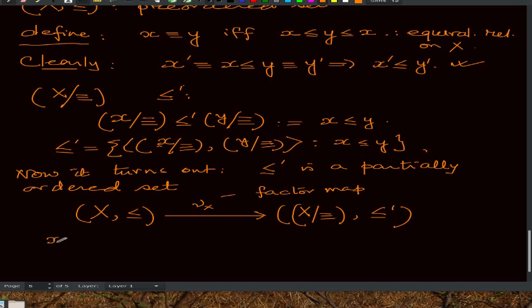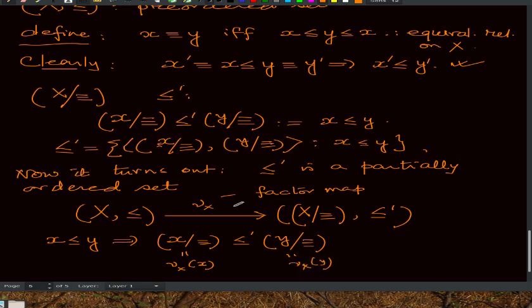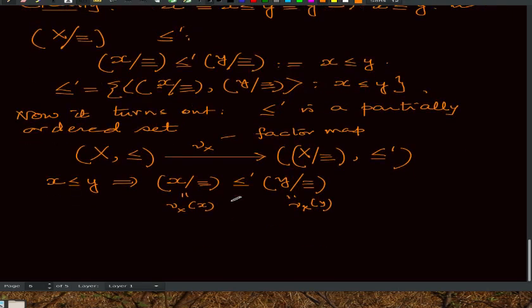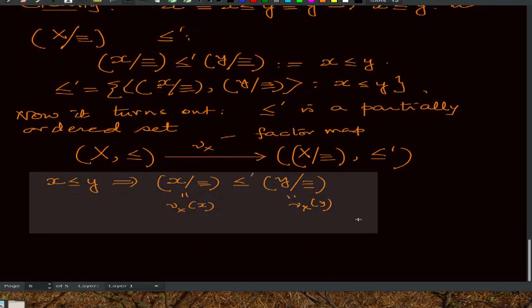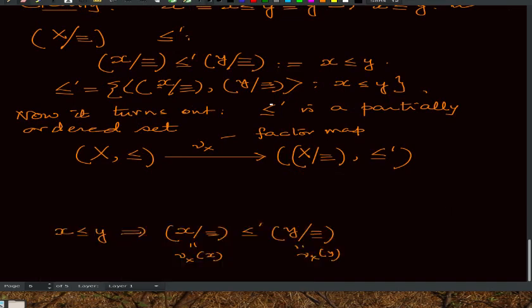So here if X is less than or equal to Y, this means this is obviously less than or equal to this, right? And this is nothing else but the image of this. So this is order preserving, and not only is this a nice order preserving map, but you have another thing.